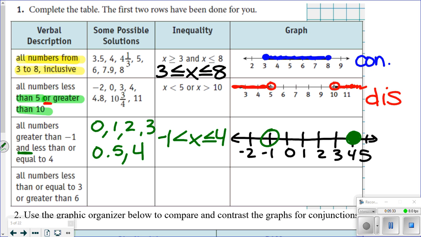Then remember, we need all numbers in between that. So we said 0, 1, 2, 3, etc. So we're going to shade in the middle. Shade in between. So again, we have one big problem that's connected. We shaded in the middle to connect these, so this is a conjunction.